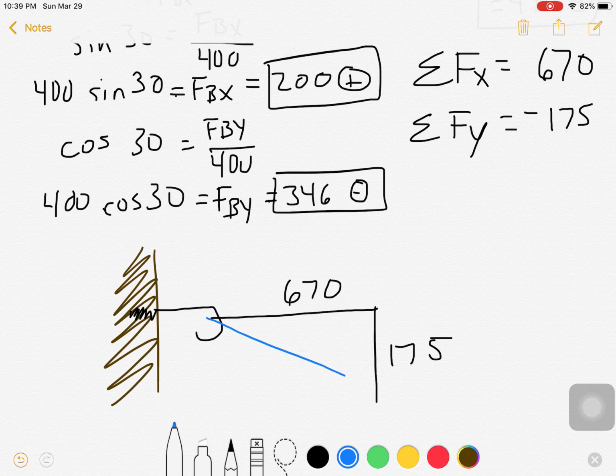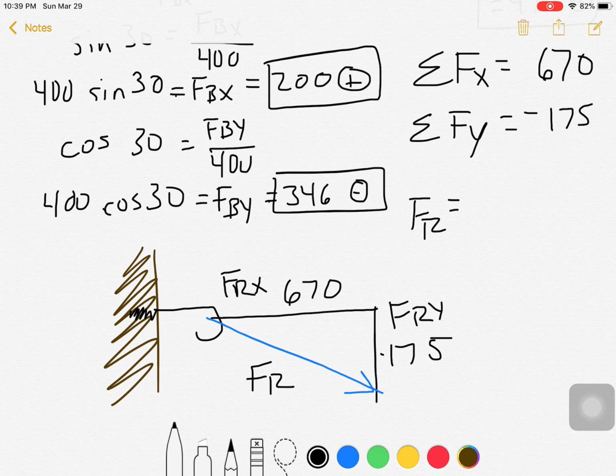So our resulting force is going to be this. Now, we can find the amount of this force, the magnitude. We have two sides, so let's call this force result in the x, force result in the y, and this is our force result total. So if we want to find force result, it's going to be the square root of 670 squared plus 175 squared.